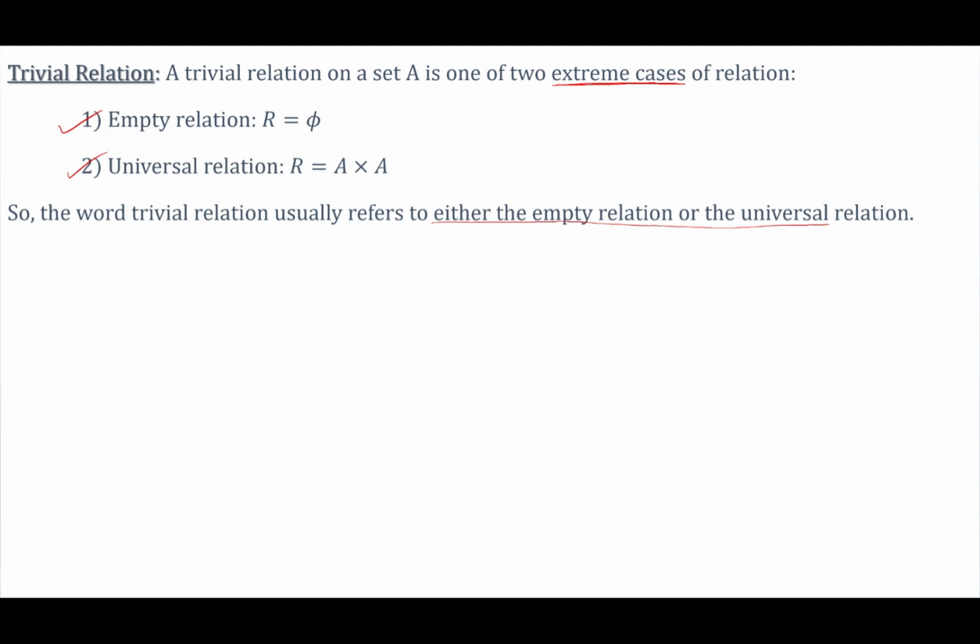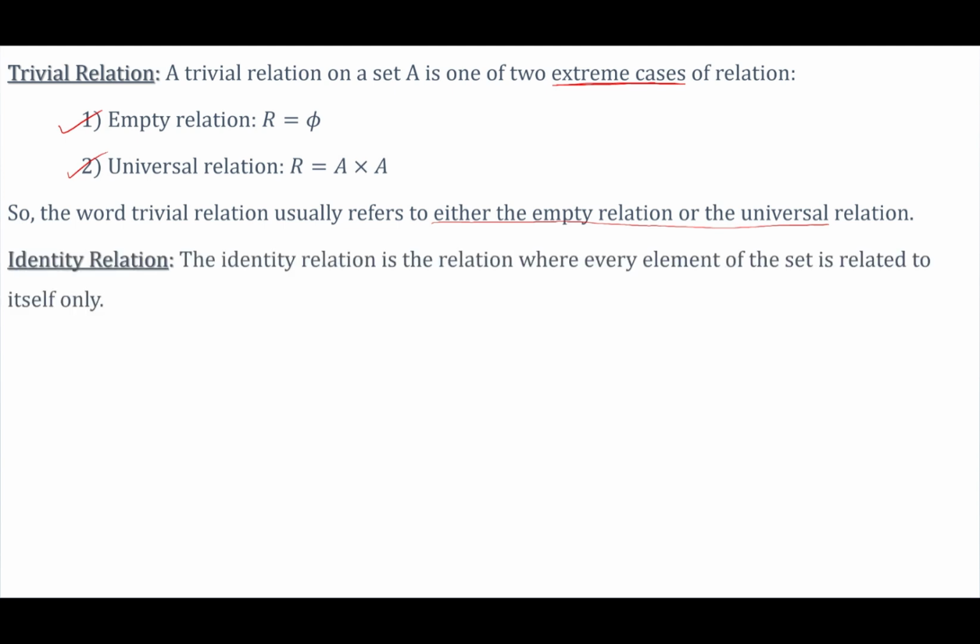The next, identity relation. The identity relation is the relation where every element of set A is related to itself only, related or connected to itself only. For example, I have a set A, pairs (a, a) for all a belongs to A. Let us have an example.